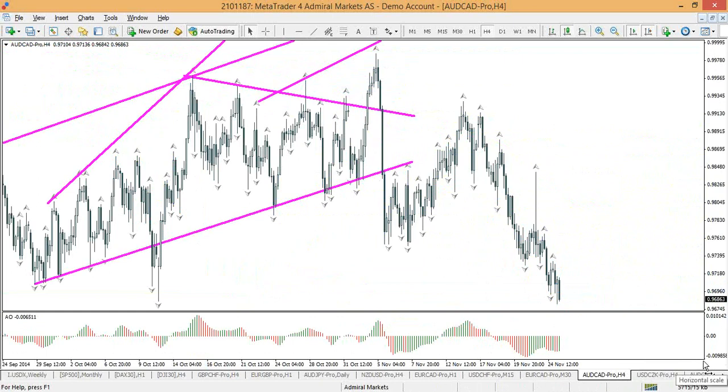For those that arrived a bit later in the webinar, by the way, I see that a few arrived after the start. We talked about the euro dollar, the dollar yen, the pound dollar. And now the Aussie doesn't look that great unless it bounces at resistance, as you just heard.